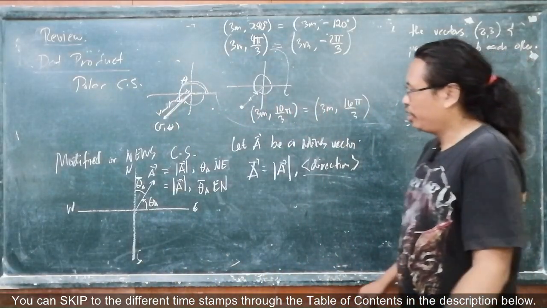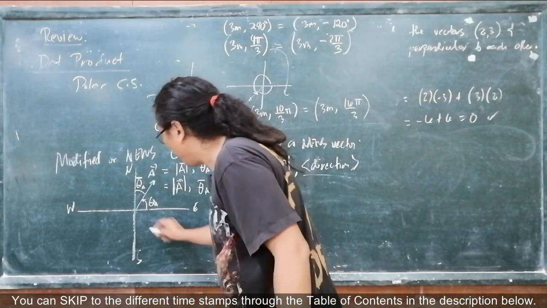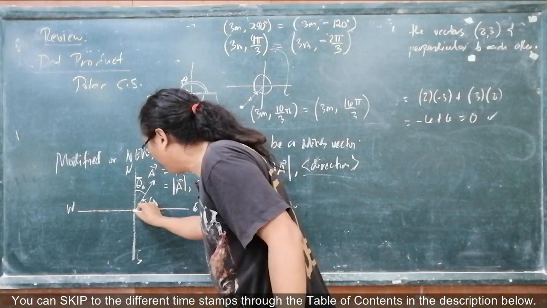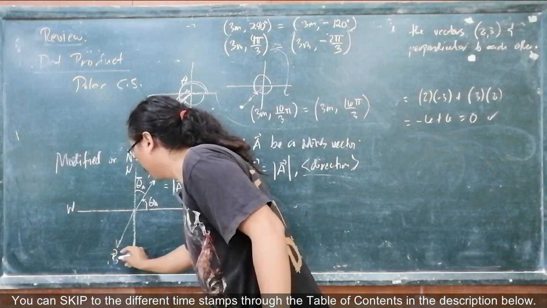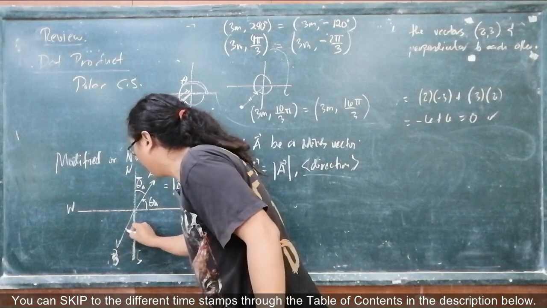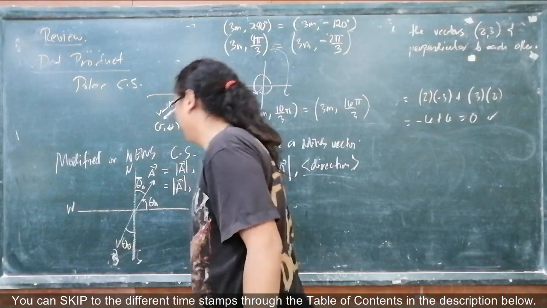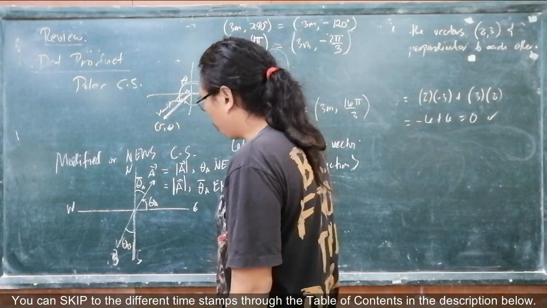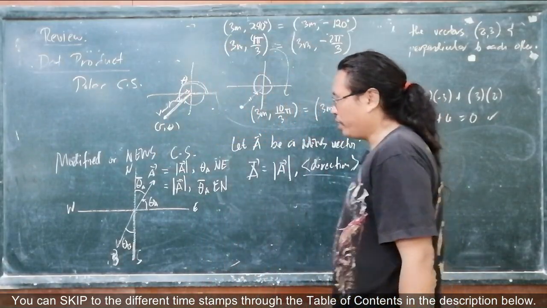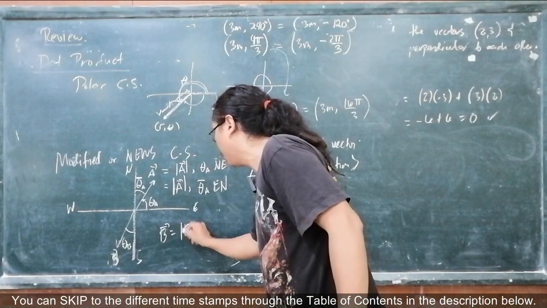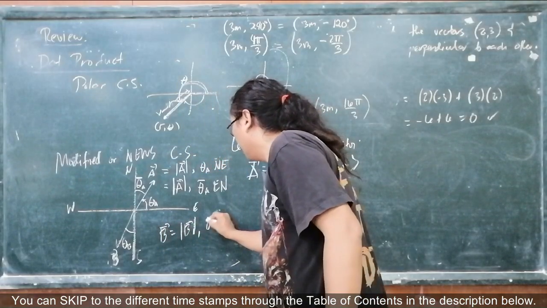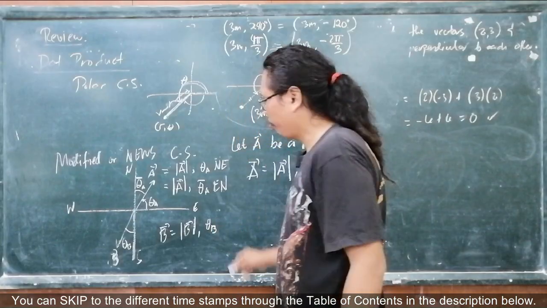So, anyway, for example, another vector, let's say we have this vector B, and let's define this as theta B. So, B now would be given in terms of the magnitude of B, theta B, what's the direction?